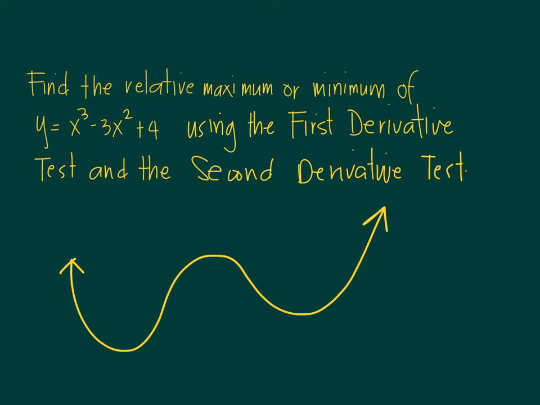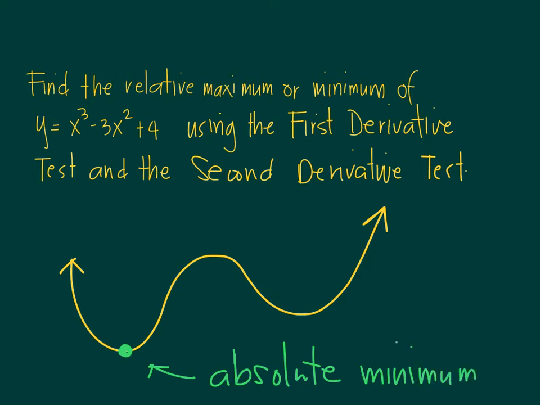However, if we consider the minimum, we could consider the point here to be the minimum. And this will be an absolute minimum because there is no point that is lower than that point. That's the lowest, so it's an absolute minimum.